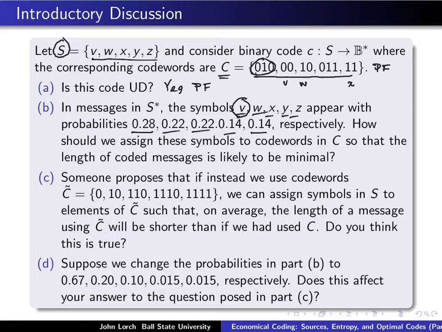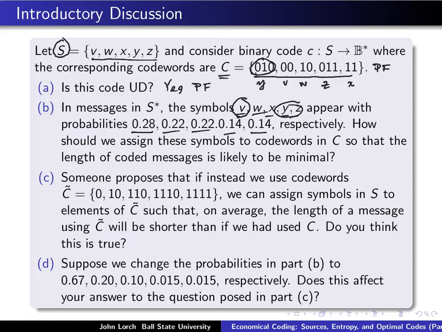And then the least commonly occurring letters, Y and Z, can be assigned to the code words of length 3, namely 010 and 011. Okay. So that seems like a reasonable assignment of letters in S to code words in a way that's going to minimize the average length of messages.